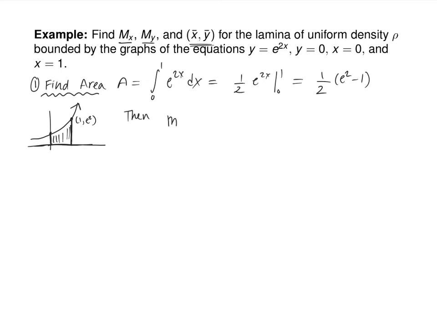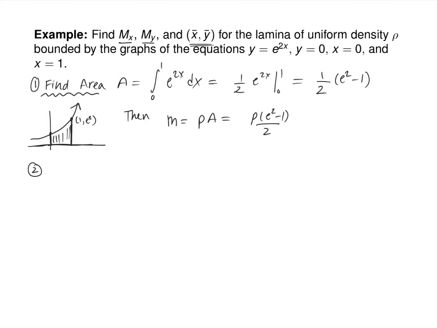Then little m is rho times area, or rho times (e squared minus 1) over 2. Okay.